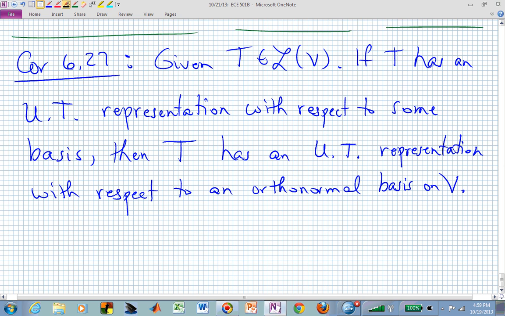Meaning we don't have to have our set of basis vectors as an orthonormal list. We can produce an upper triangular representation of that linear operator with an orthonormal basis. And that orthonormal basis can be created from the Gram-Schmidt process applied to the original basis.